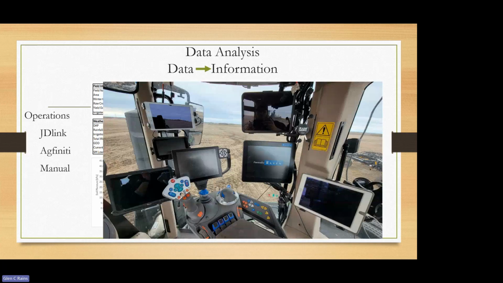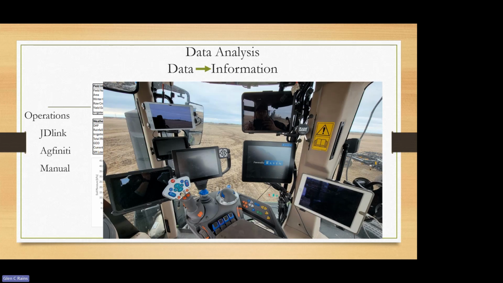One of the things that's also an issue, and this is a picture of a cab. What you end up with sometimes is you have a tractor that's a John Deere, that's the popular tractor, but you're pulling an implement behind it from another company. You have maybe a GPS or global positioning system from a third company.